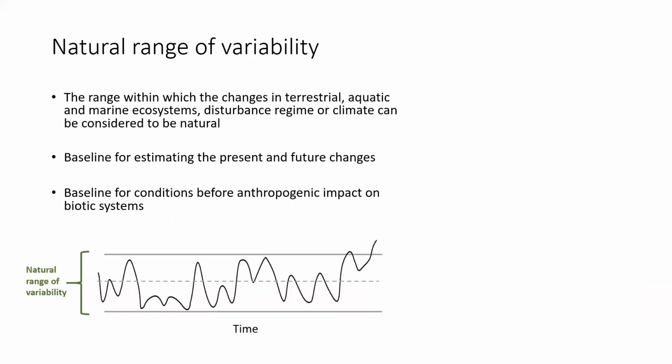So basically, when we go far enough back in time, we can see the changes in the terrestrial or aquatic or marine ecosystems and different disturbance regimes or changes in climate that can be considered to be natural. So changes that happened without any impact of human actions or from human activity.